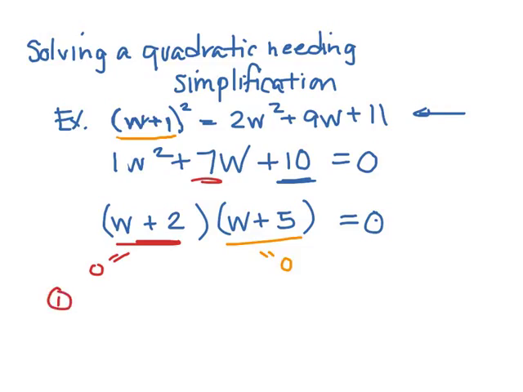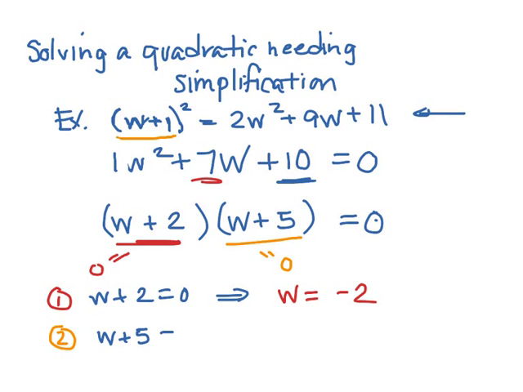So, in the first case, when w plus 2 equals 0, that implies that my w equals negative 2. And in the second case, I have w plus 5 equals 0, and that's going to solve out to be w equals negative 5.